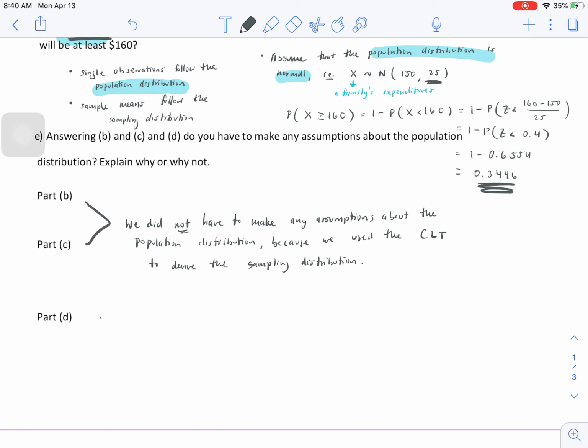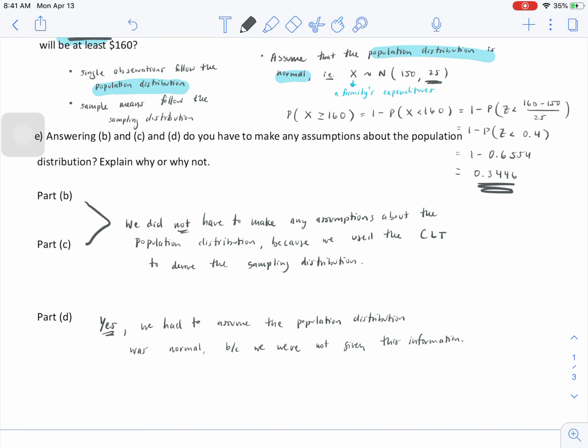So part D, yes, we had to assume the population distribution was normal because we were not given this information initially.